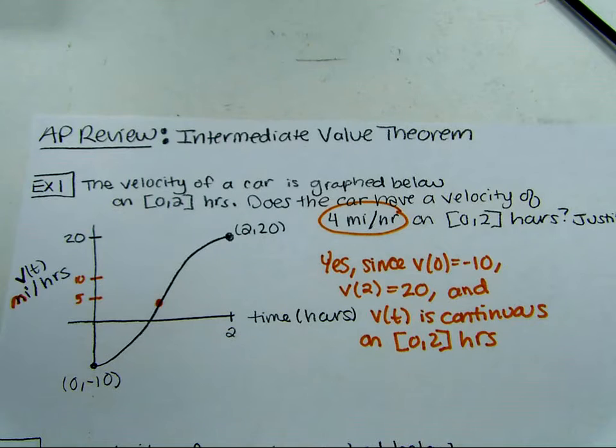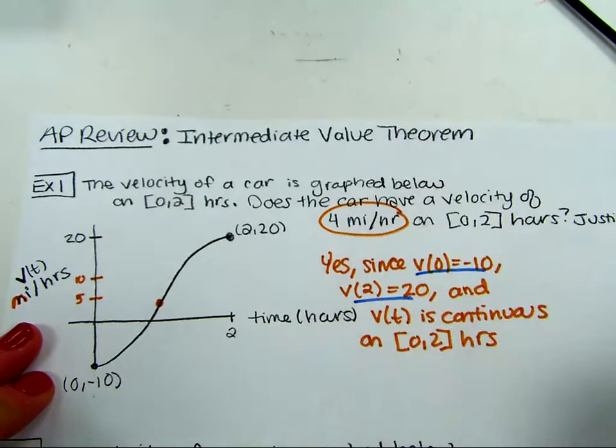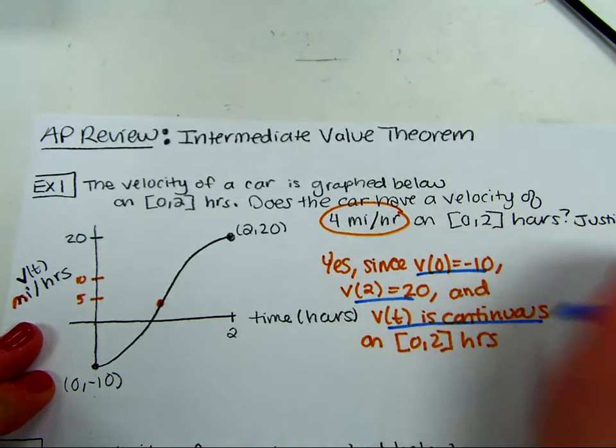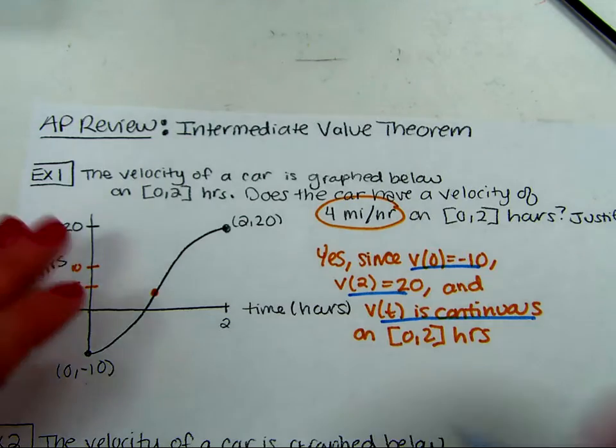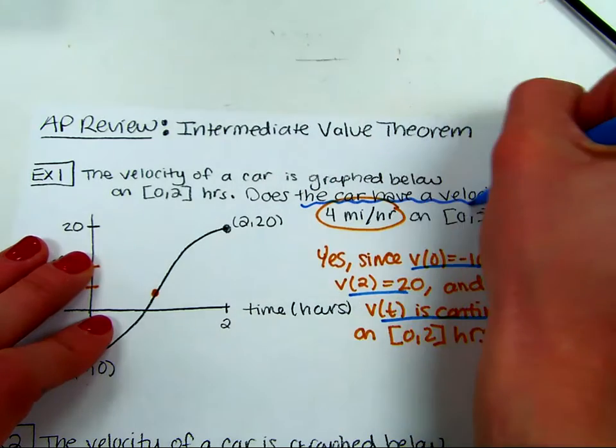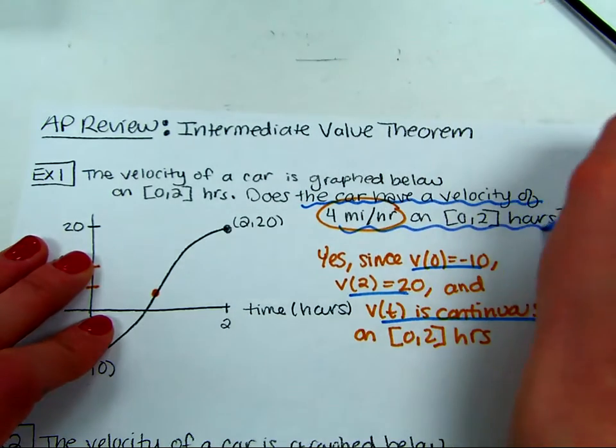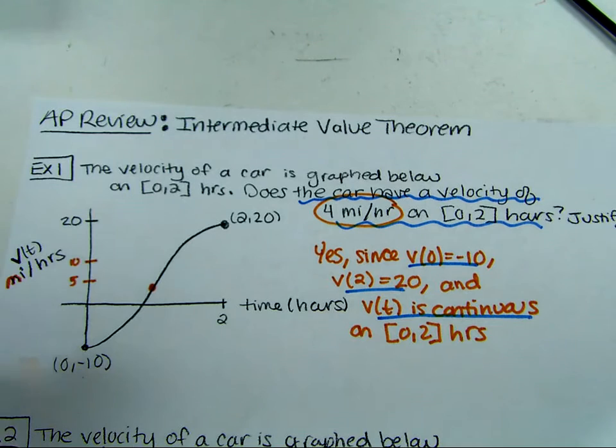That's basically the beginning. 3 important components to that. You have to mention your 2 points, and you have to mention your graph is continuous. Then you could really just state what the problem is asking, and at the end say by the intermediate value theorem.